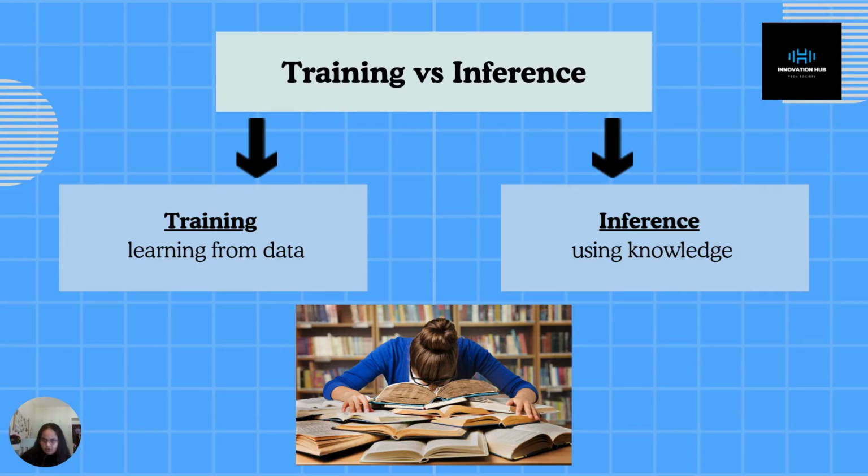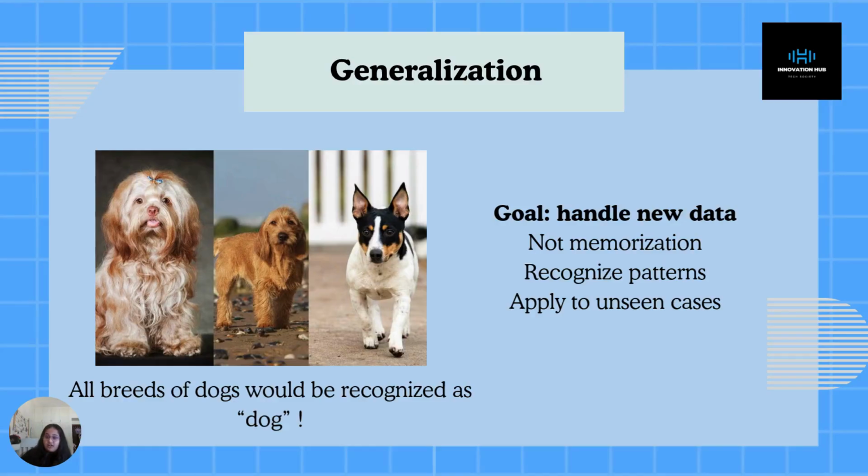Now, the ultimate goal of machine learning is generalization. Generalization refers to the ability of a model to perform well on new, unseen data. This is important because we don't want the model to simply memorize the training data. Memorization leads to overfitting. Overfitting occurs when a model performs well on training data but poorly on new data.